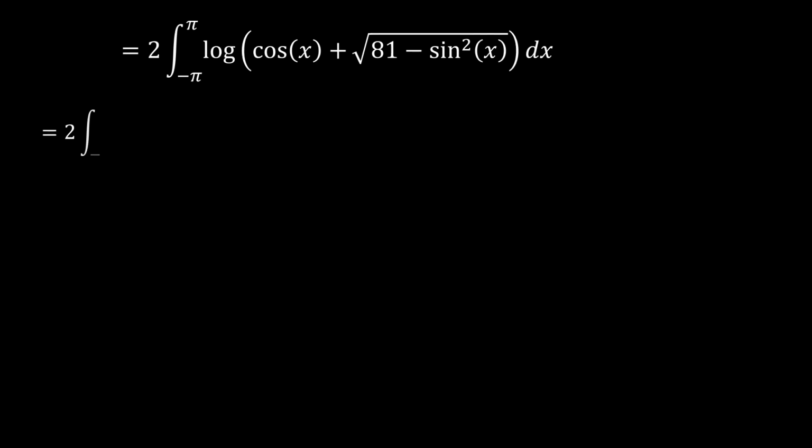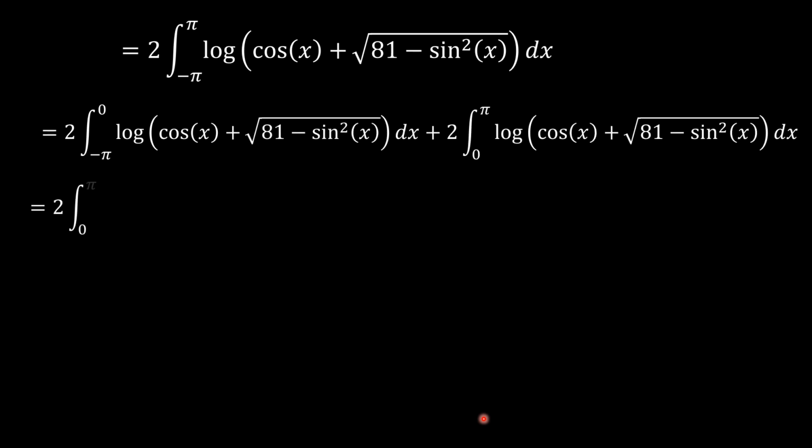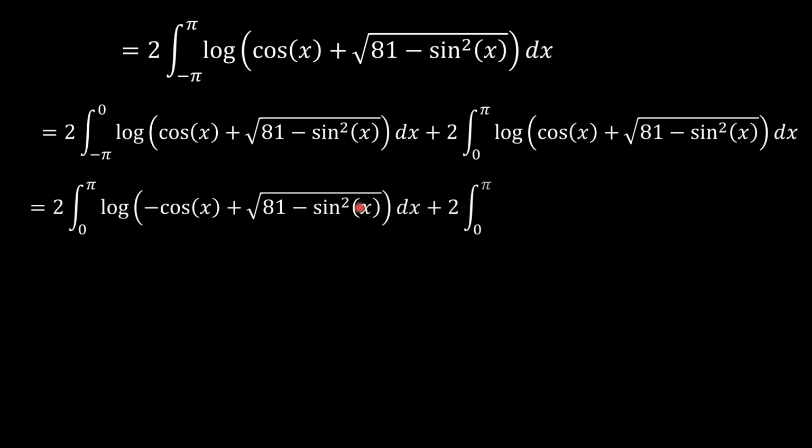So we can go ahead and now say, okay, let's split this into 2 separate integrals, from negative pi to 0, and then from 0 to pi, right? And from here we can now add pi to x, so that this becomes negative cosine x, and because this is a square, this remains the same.